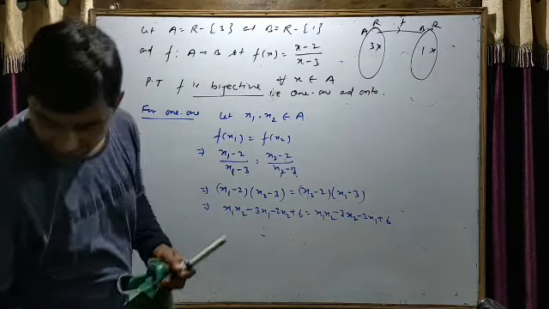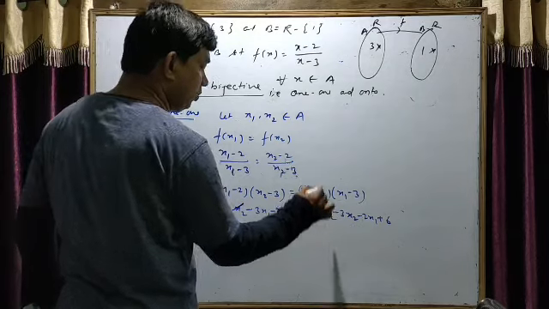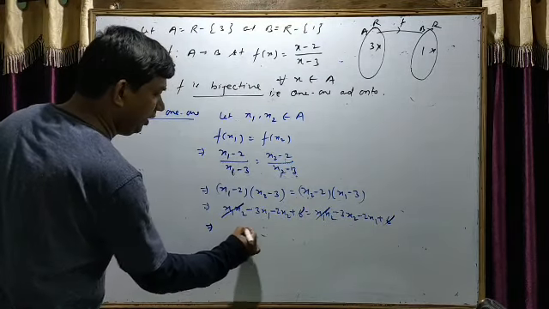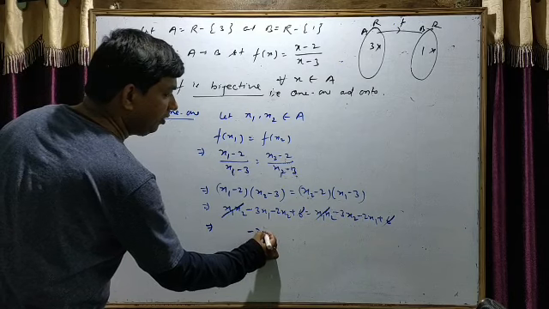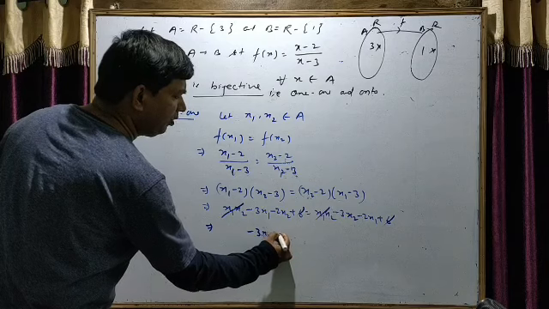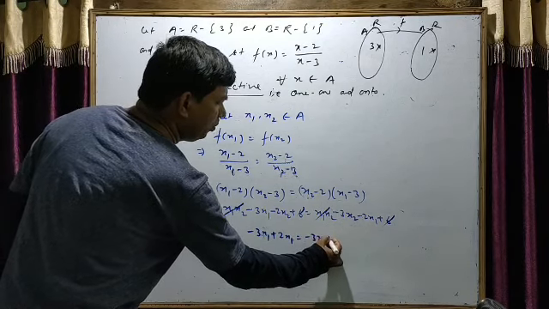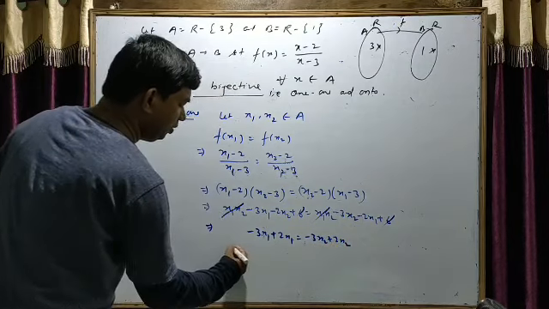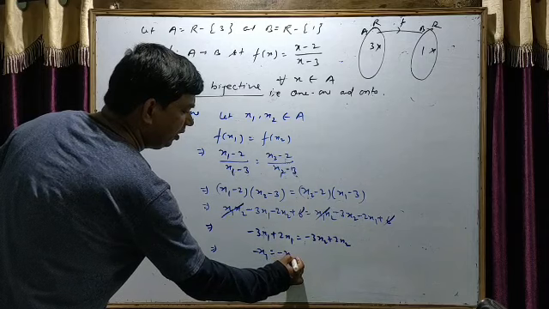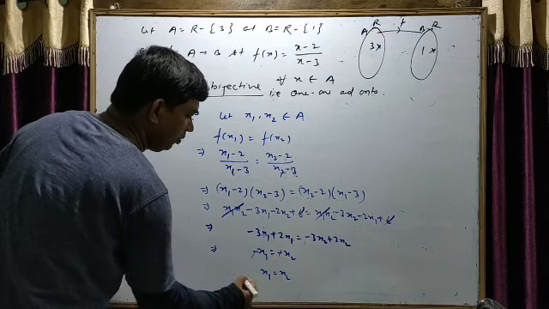Now any cancellation, just cancel it. x1x2 cancel, 6 cancel. This implies minus 3x1 plus 2x1 equal to minus 3x2 plus 2x2. So this is minus x1 equal to minus x2. Minus minus cancel. So x1 equal to x2.